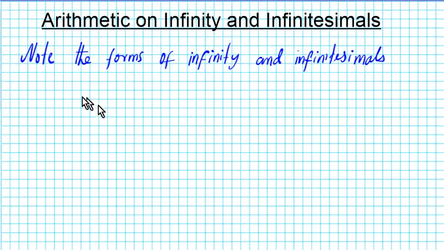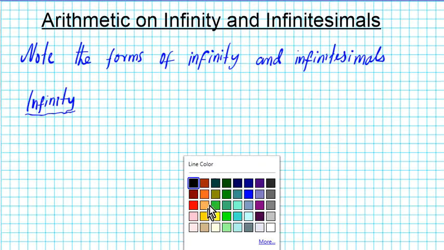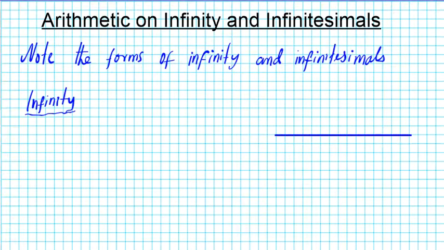Let's start with the forms of infinity. Now, infinity, depending on the sign, represents the biggest real number or the smallest real number. Alright? So let's give ourselves a visual on a number line. What on earth is infinity?